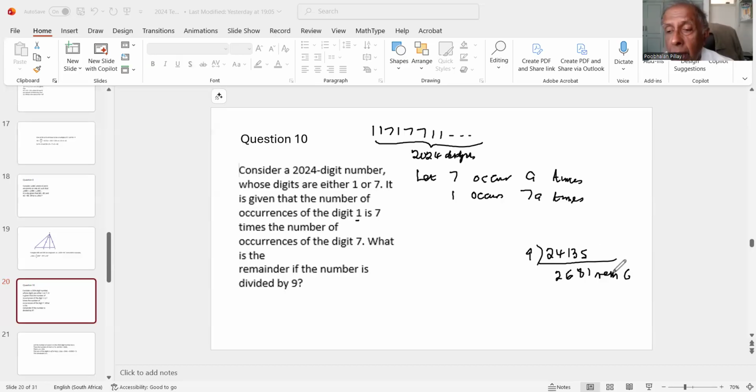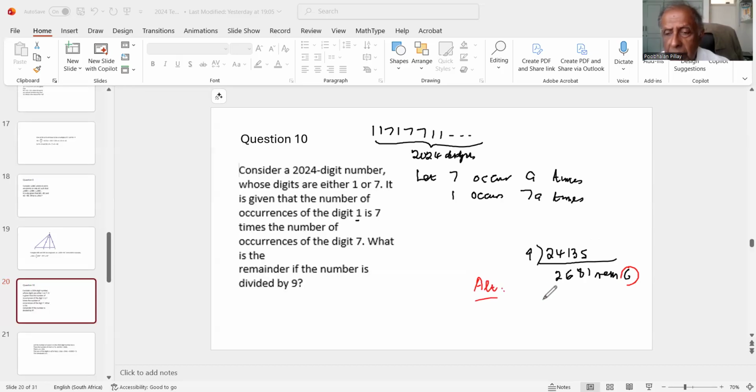Right. Now, you can always calculate the remainder without having to do the long division when you're dividing by 9. So this is the remainder. And the way to do that is to add all the numbers.